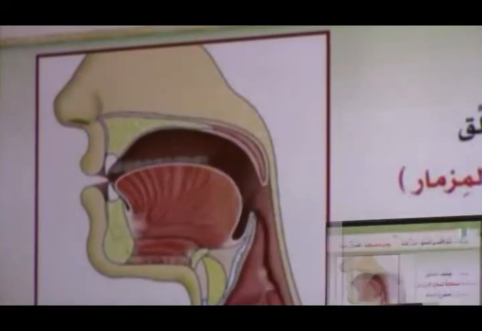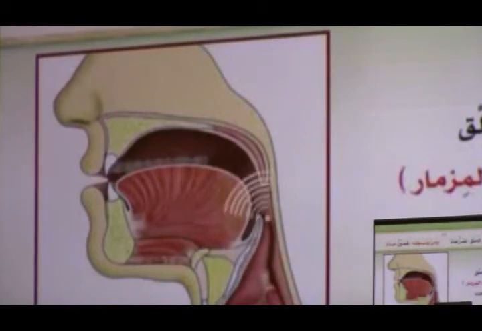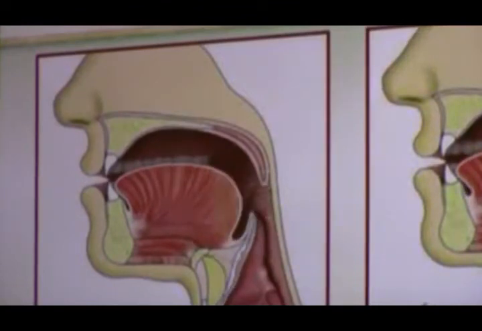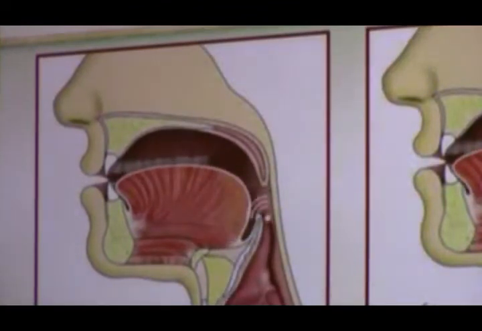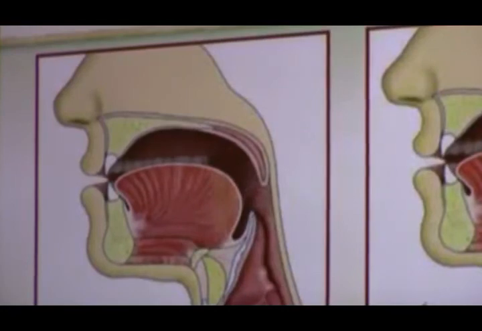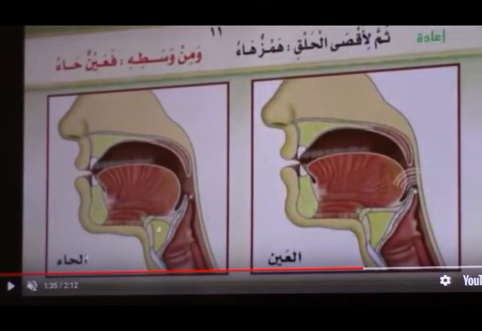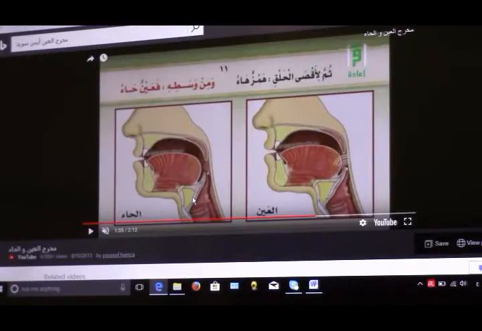Now if we put the two pictures together, you can see clearly the comparison. Look at the comparison here. You can see the Ain, the passage is tighter than the Ha. Is this clear?